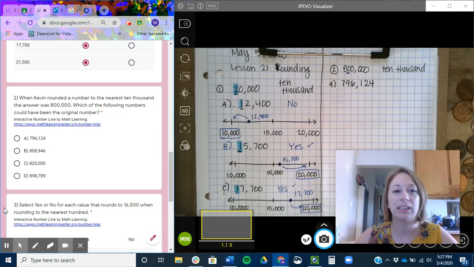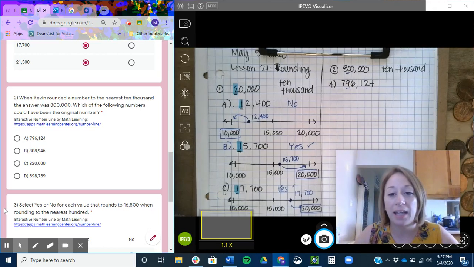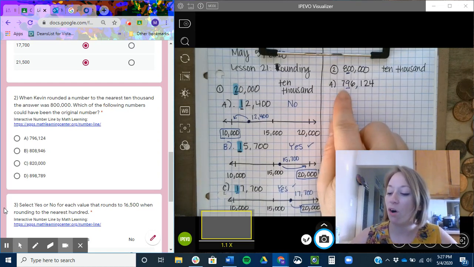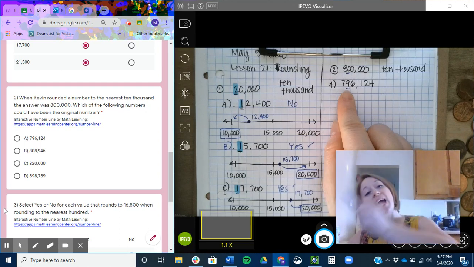Well, what's the digit that's in the 10,000s place? 9 is the digit that's in the 10,000s place. So what we're thinking about then is, what are all of the numbers that would round to 790,000 or the next 10,000?